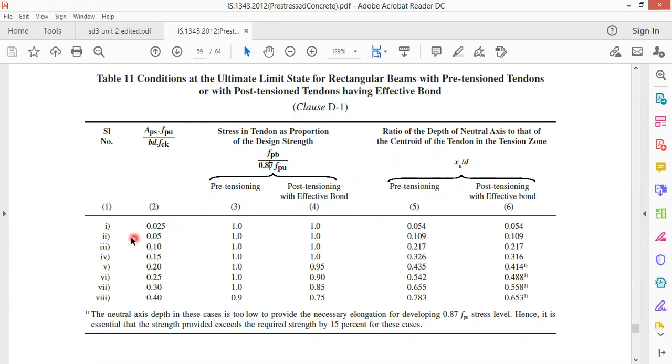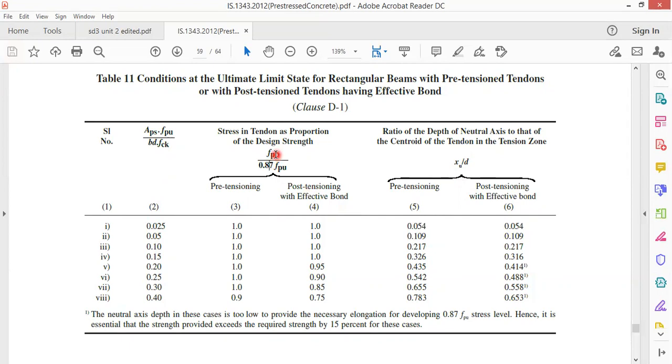If I calculate the value of this parameter as 0.05, then I will get the value of FPB by 0.87 FPU. For post-tension with effective bond, directly this value is 1. And the value of XU by D is 0.109.